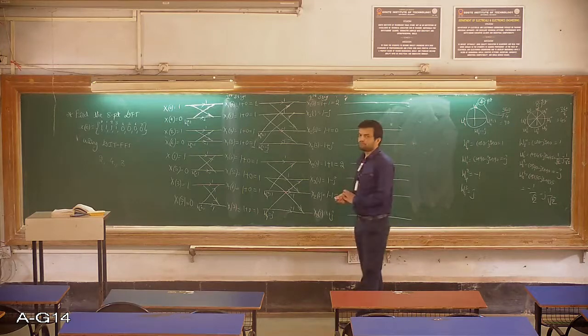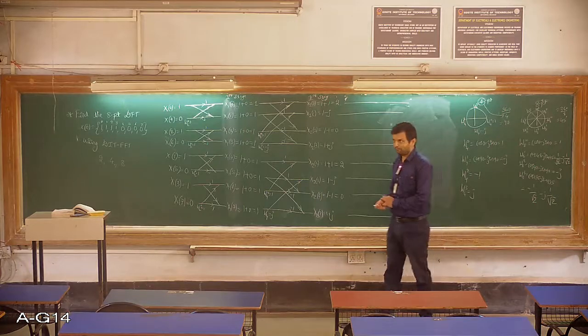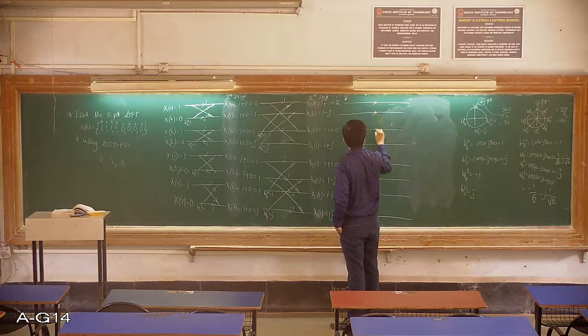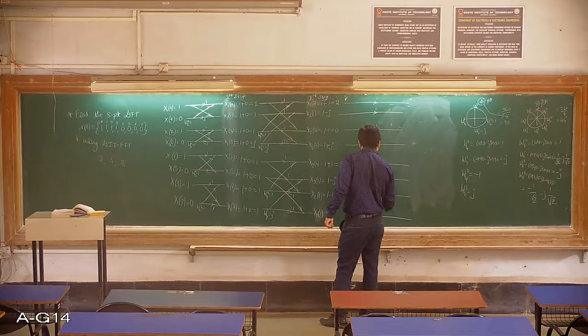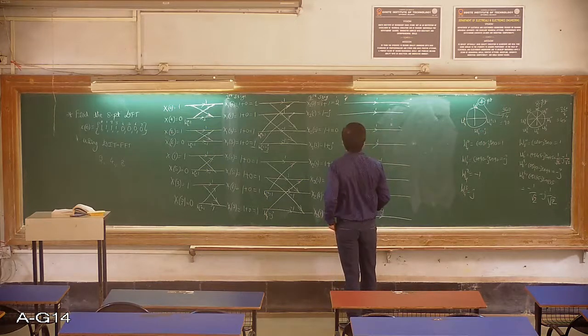As I told, here 4 values will be positive and the next 4 values will be negative, because it is the 8 point, 8 divided by 2. So the first 4 will be positive. I will represent 1, 1, 1, 1. The next 4 values will be minus 1, minus 1, minus 1, minus 1. Show the direction.